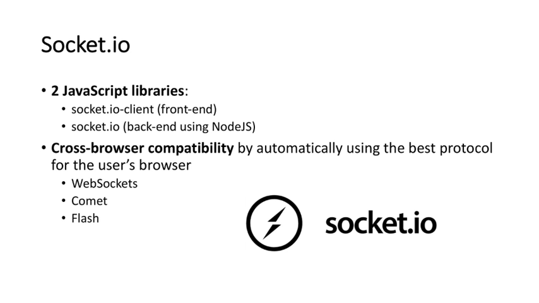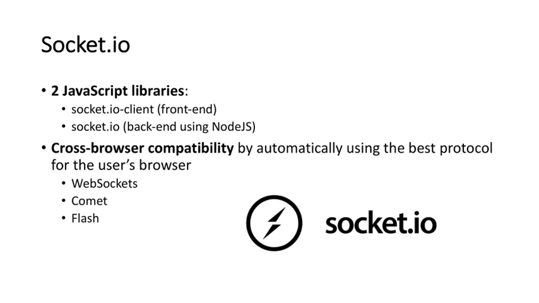So to resolve that issue, Socket.io was developed. Essentially, it's two JavaScript libraries, one for the client to use on the front end and one for the server to use on the back end. It makes use of Node.js.